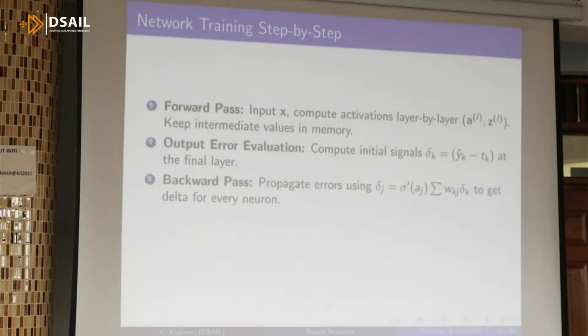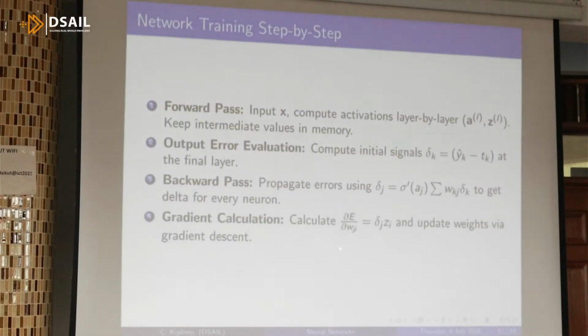These are the connecting weights. And this is not the only connecting weight, because we have said every neuron is receiving errors from various neurons in the previous layer. Then compute the gradient like this, and update the weights via gradient descent.